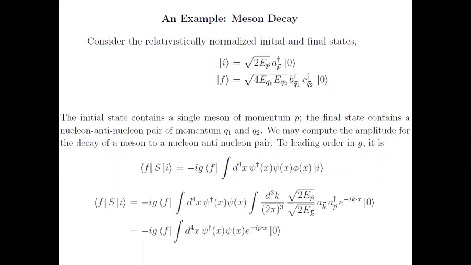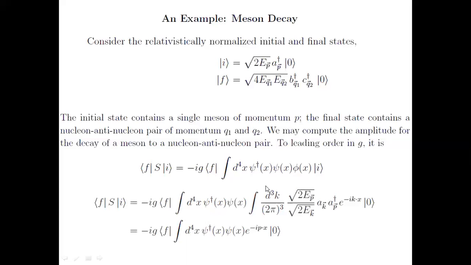Now if we take a look at the interaction, you might see there is a psi dagger field, there is a psi field, and there is a phi field. The phi represents a meson, the psi represents a nucleon, and the psi dagger represents an antinucleon.